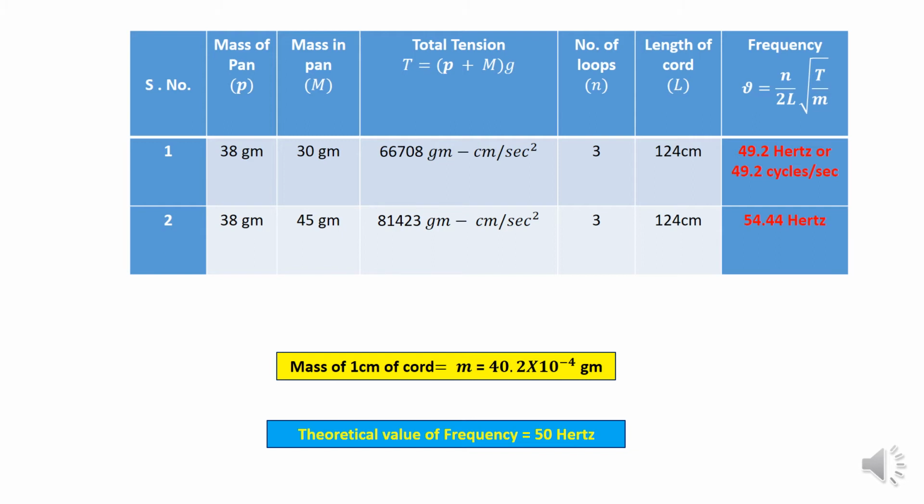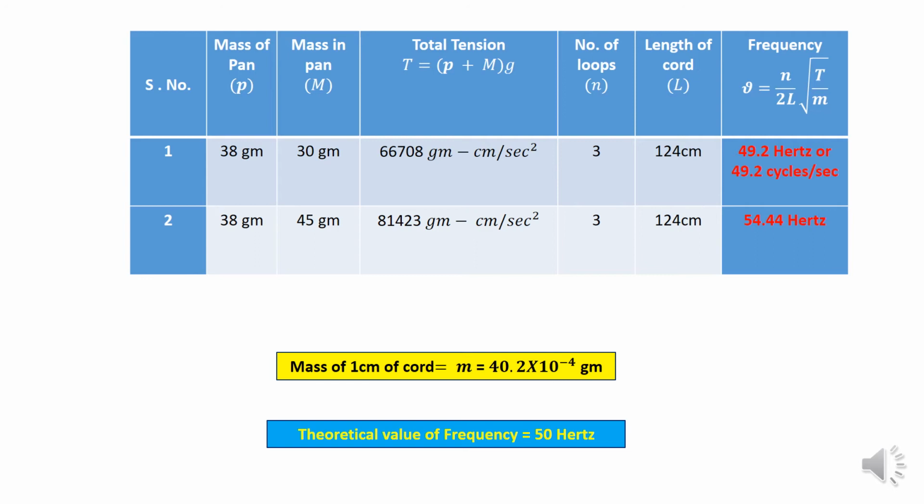Then you can calculate the frequency using this formula: n equals N divided by 2L, times the square root of T by m, where this is T and this is small m. Take the square root of this. The answer will be 49.2 hertz, or 49.2 cycles per second, the same thing.